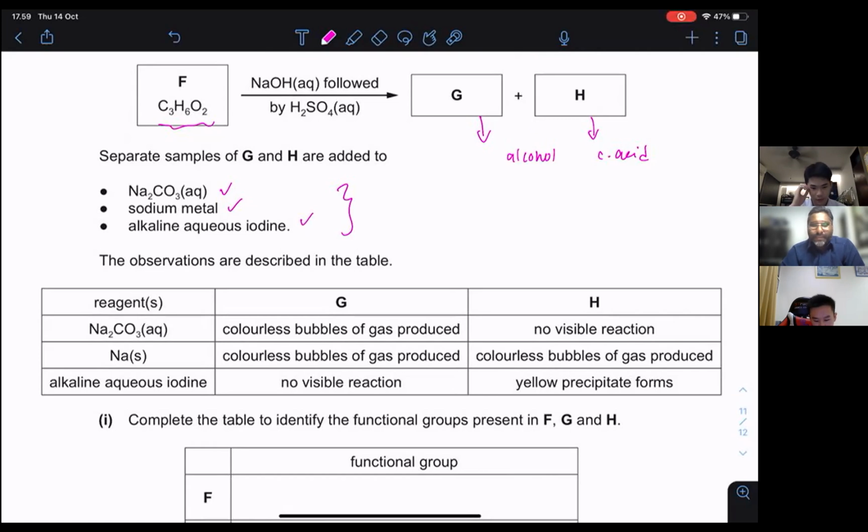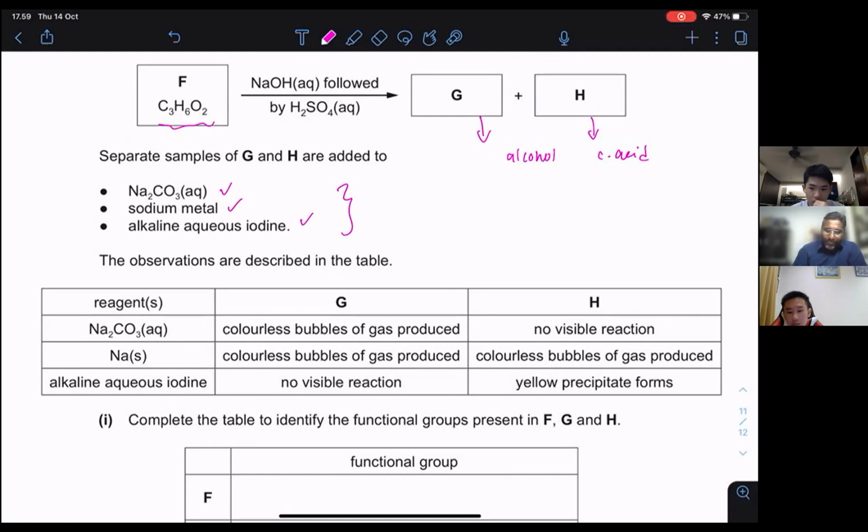Do remember this: alcohol can react with metal to give you hydrogen gas, but they are not strong enough. Alcohol does not react with sodium carbonate.